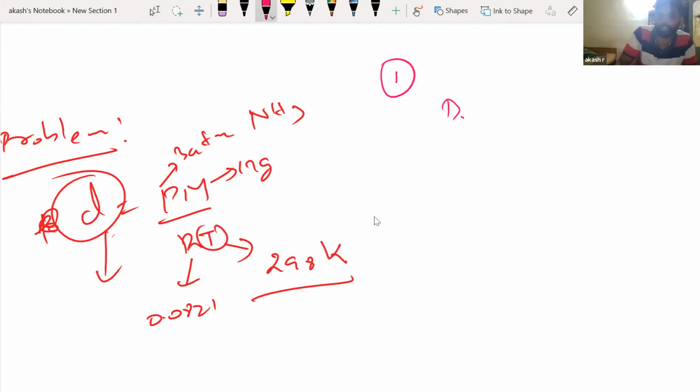So we know this question is obviously from Boyle's law, because pressure is changing, volume is changing, and the temperature is kept constant.